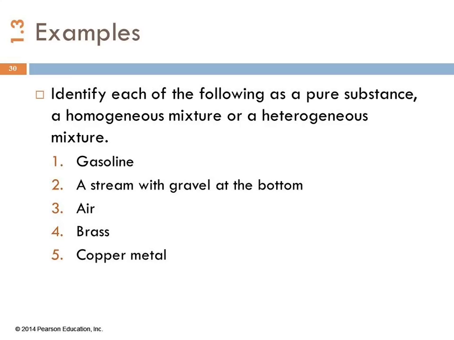Gasoline. It is a homogeneous mixture, okay? It looks like it could be a pure substance. But you go to the gas station and they have these different kinds of gasoline. What's different about them? Octane. Octane is one component of the gasoline.